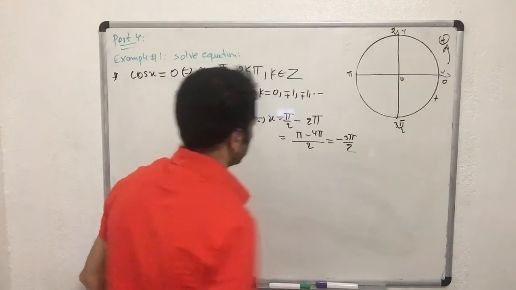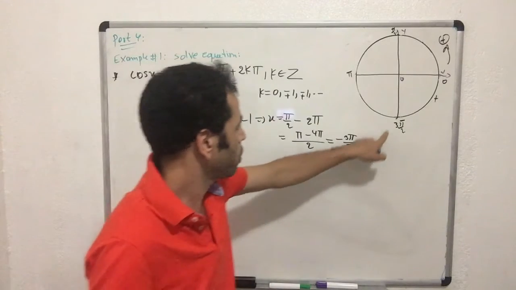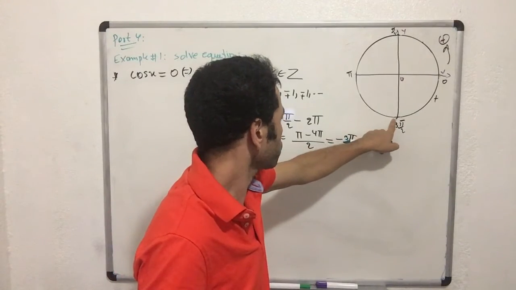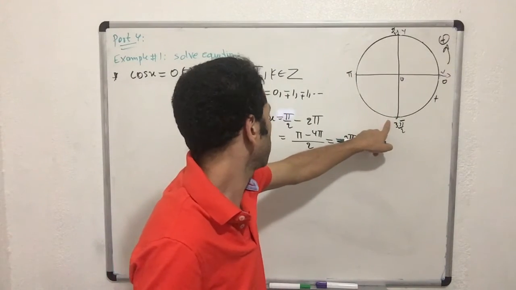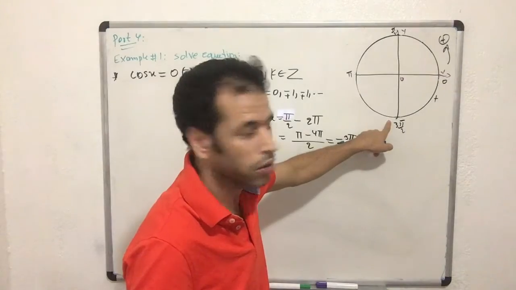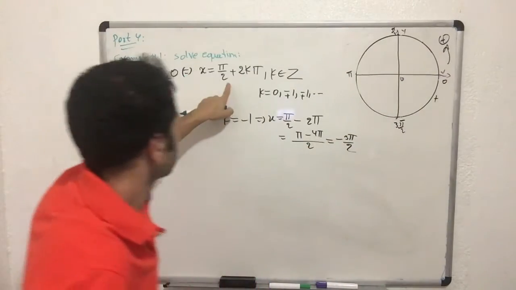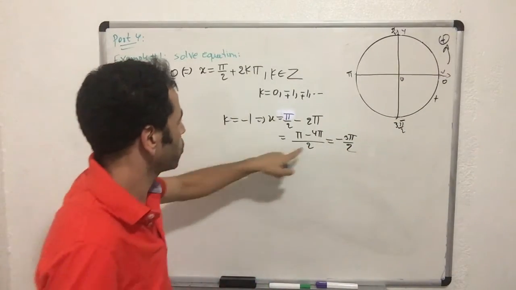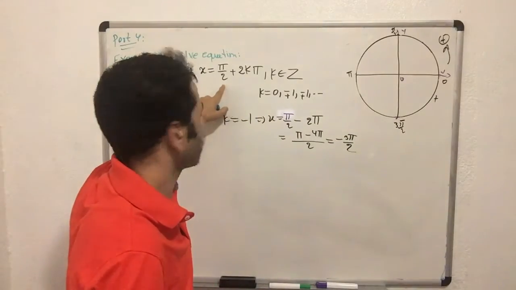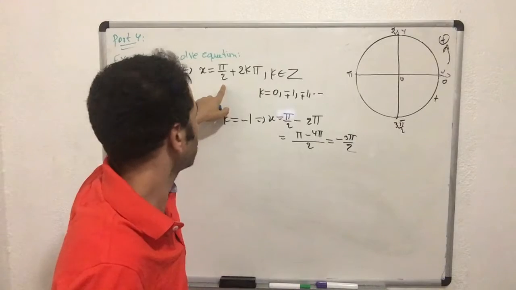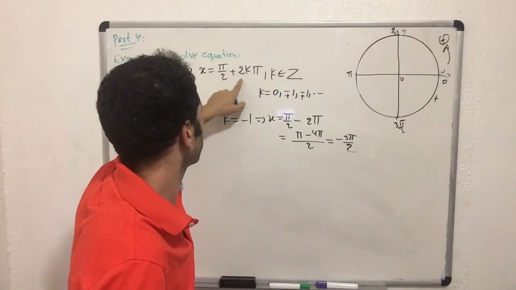So minus 3 pi over 2 at this point. That means cosine of minus 3 pi over 2 will be 0 as well. So this expression is valid, because whatever k is, you will verify this equation, x equal to pi over 2 plus 2k pi.